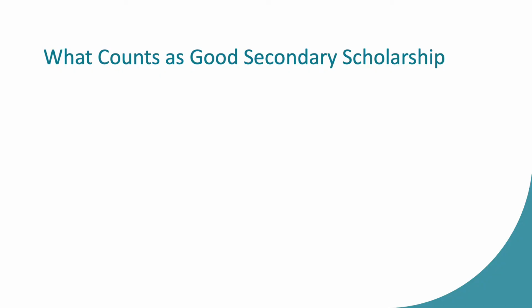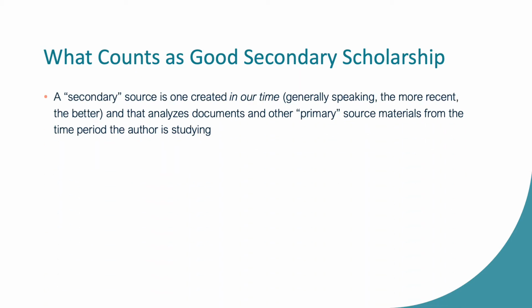So the first thing I want to talk about here is what exactly is a secondary source, because this is perhaps a term that is new to you. When we talk about secondary sources, basically what we mean is things that were created, or written, or published in our own time.